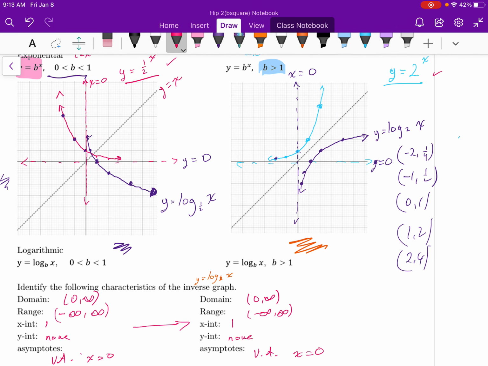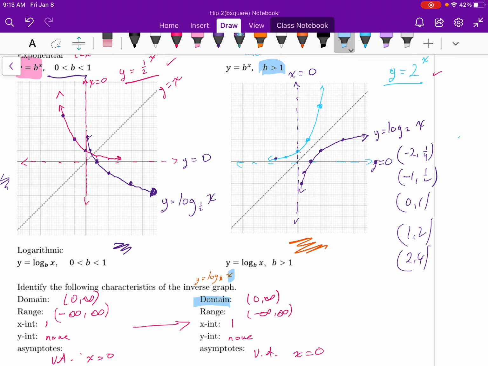However, what does this imply? The domain is positive. Notice that the domain corresponds to the x. In other words, the argument of our logarithms always has to be positive, no matter what case you're in. The range, what are the possible outputs of a logarithm?